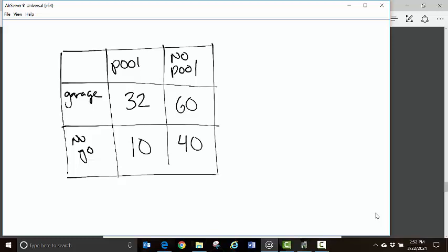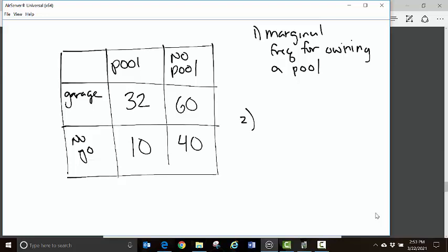All right, and I want the marginal frequency for owning a pool. That's the first thing I want. Number 2, I want the marginal frequency for having a garage.